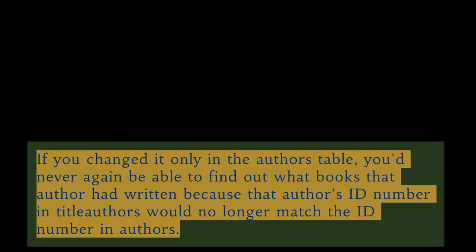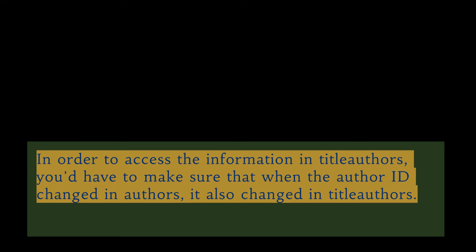If you changed it only in the authors table, you'd never again be able to find out what books that author had written, because that author's ID number in title authors would no longer match the ID number in authors. In order to access the information in title authors, you'd have to make sure that when the author ID changed in authors, it also changed in title authors.